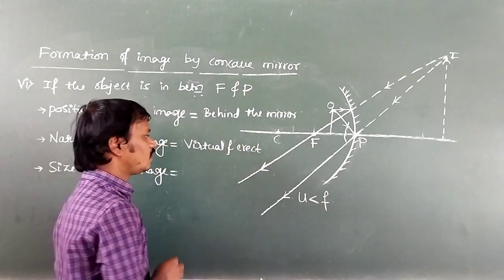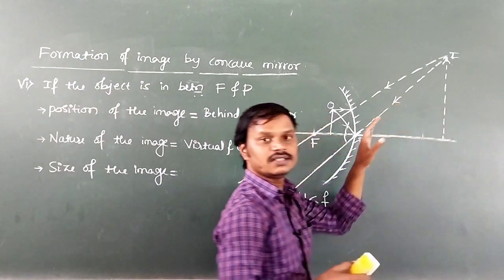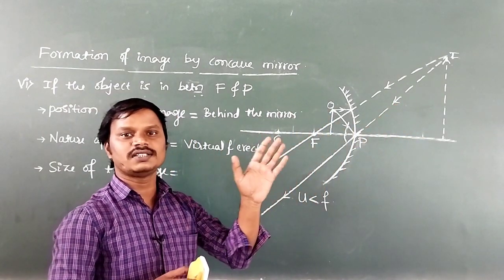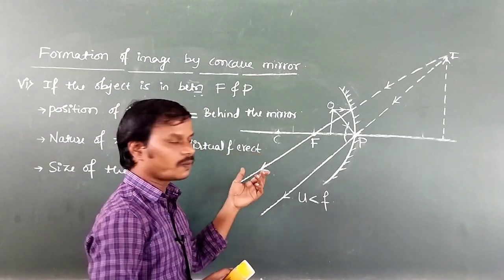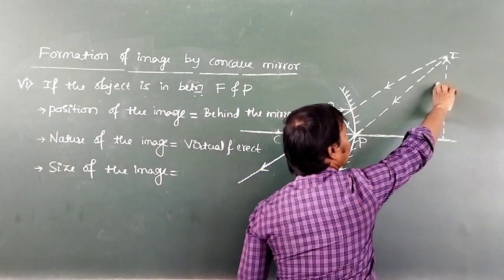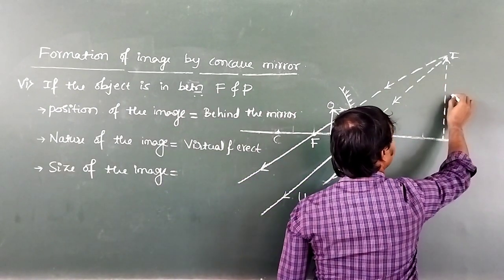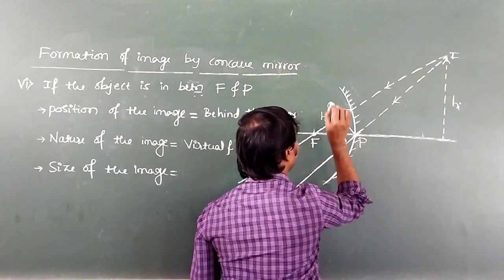So why is the image said to be virtual here? Because we cannot see this image on the screen, which means we cannot obtain this image on the screen. That is why it is called virtual, and it is erect. Why is it erect? If the object is upright, then its image is upright, then the image is said to be erect. Then it is the height of the image and it is the height of the object.